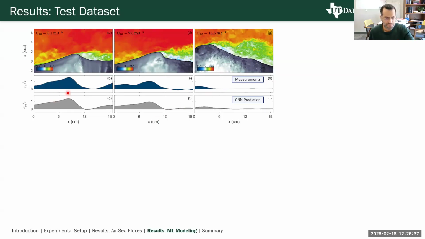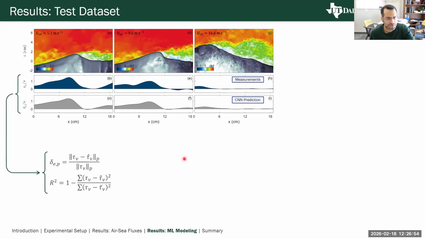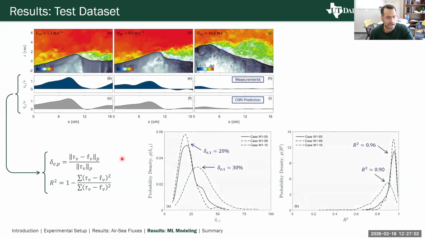So we can see that visually the model does a very good job in predicting the trend of this skin friction drag over different wave conditions. We can see the separation and we can predict this separation very well in this model. We can also look at some error metrics like L1 norm or L2 norm. So these are technically the percentage error.